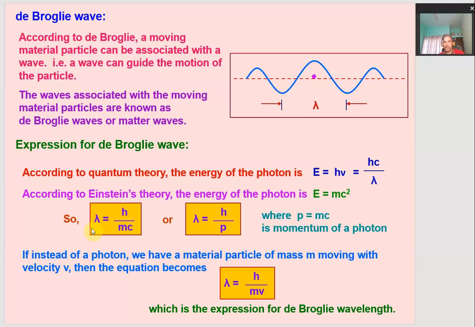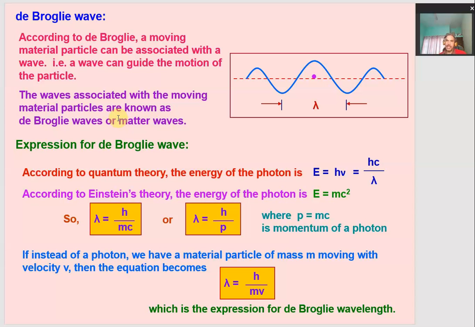So we can take a wave which is always associated with a moving particle, and this wave associated with a moving particle is called the matter wave, or in honor of Louis de Broglie, the de Broglie wave. So according to de Broglie, there can be a wave which can guide, or establish, the motion of a moving particle, and this wave is associated with the material particle.